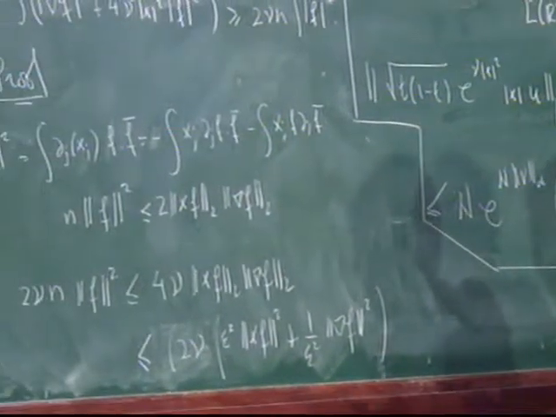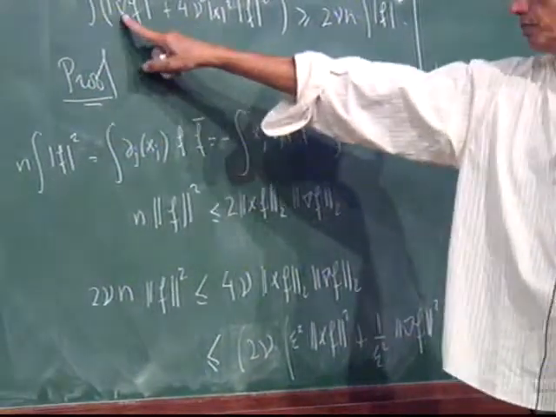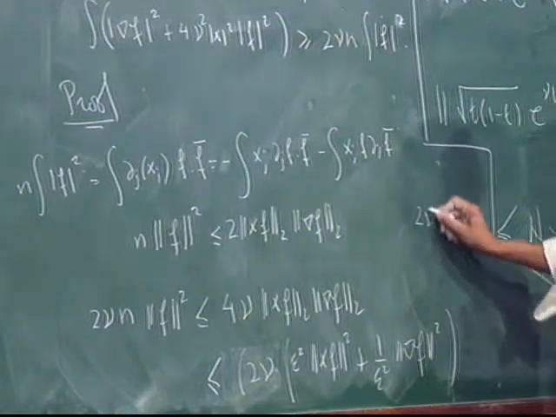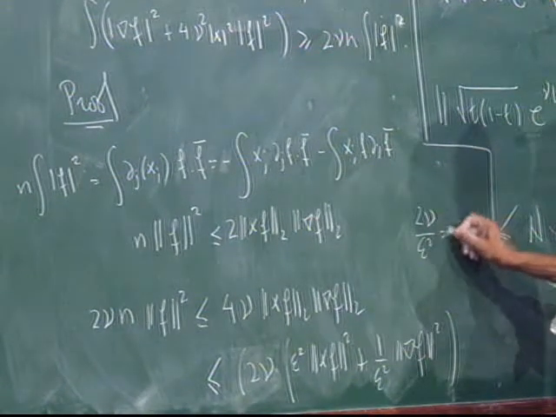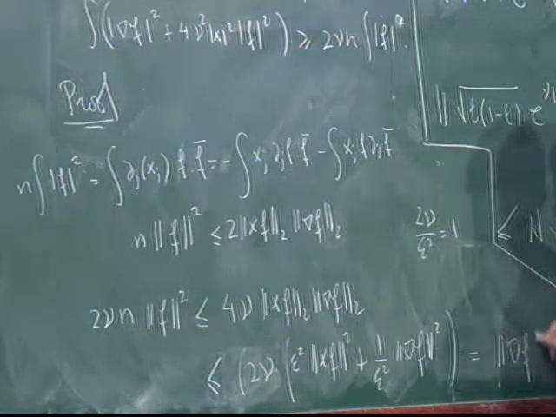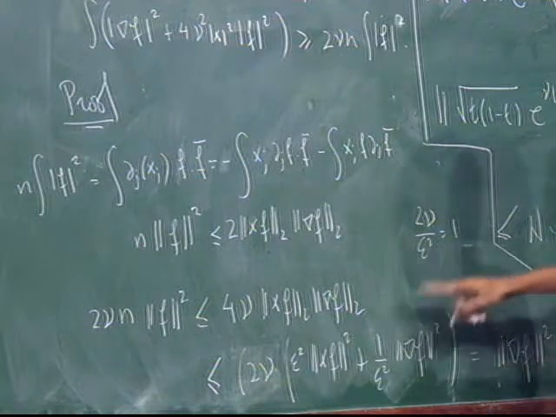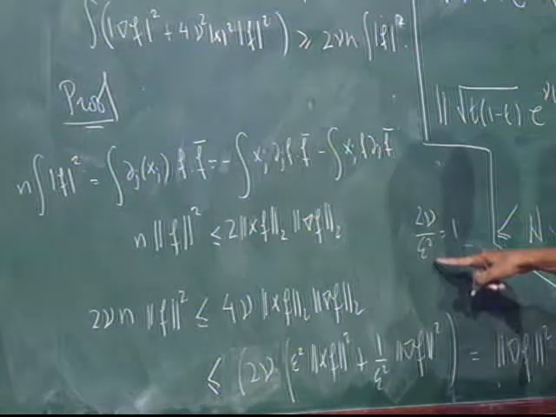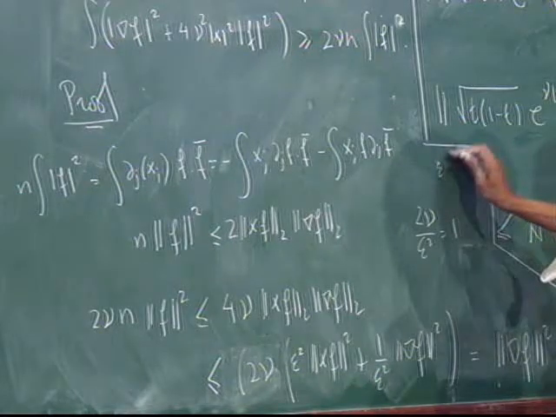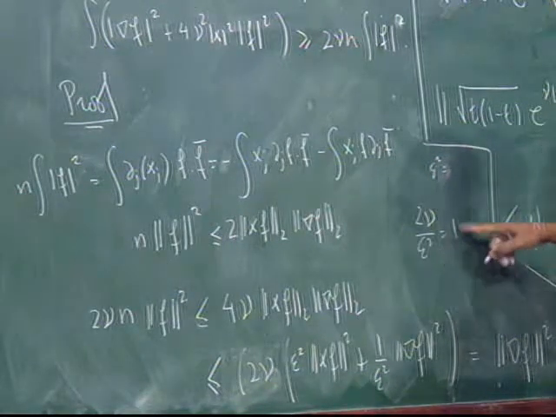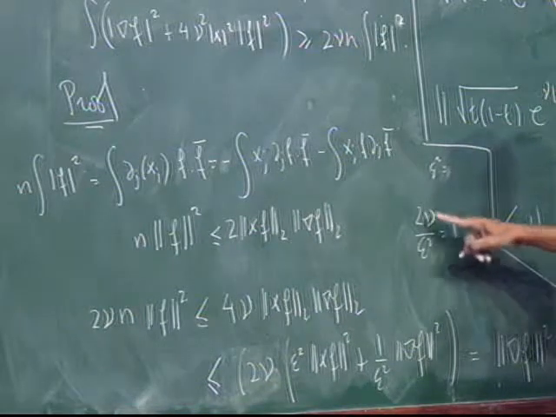Therefore, if you want to get this, you accommodate your business. What do you want? You want this to be 1. Therefore, you need 2 gamma over epsilon squared to be 1. Then this is equal to gradient of f squared. And then you have epsilon squared equal to 2 gamma.